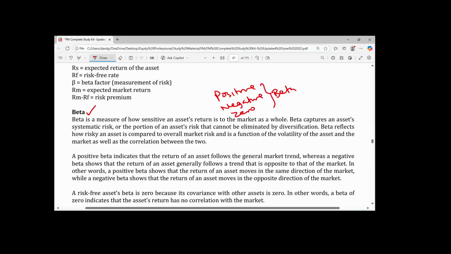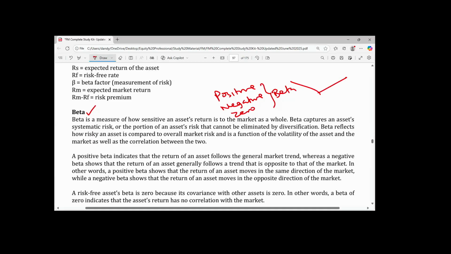When the return of an asset follows the same direction as the market, that's a positive beta. Then negative beta indicates that the return of an asset follows the opposite direction of the market. If the return of the market goes this way, the return of the asset will go the other way. So they are in opposite directions, and that means it's a negative beta.